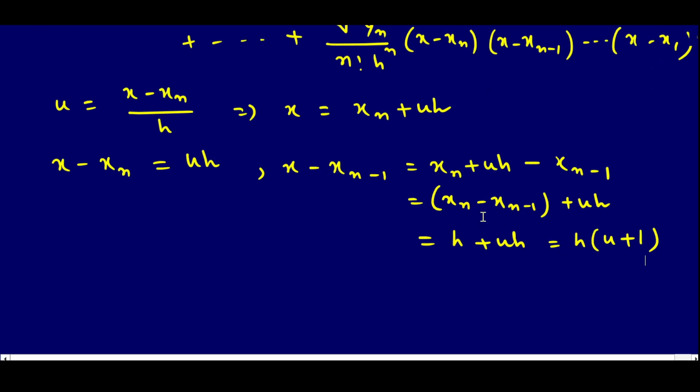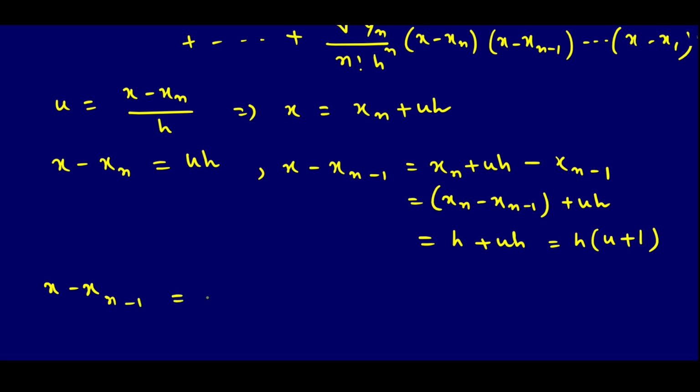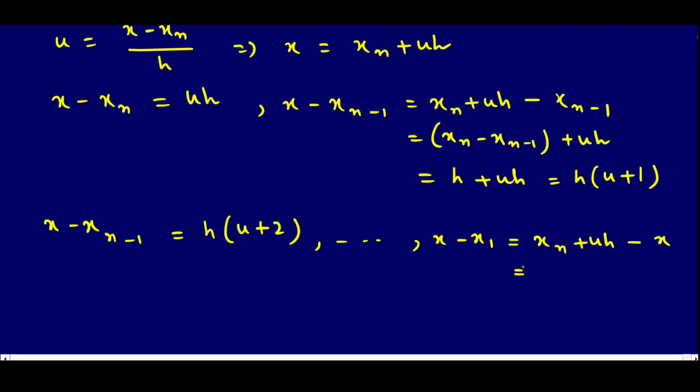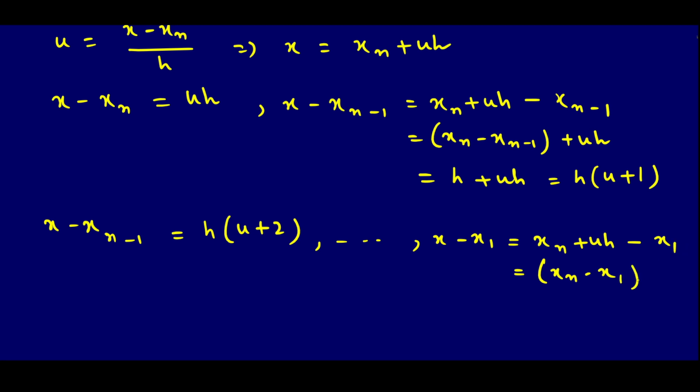Okay, so let us write one more, x minus xn minus 1. So if you calculate, you will get h into u plus 2. So in the same way, what is our x minus x1? X minus x1 will be in place of x, you can write xn plus uh minus x1. It is xn minus x1 plus uh.